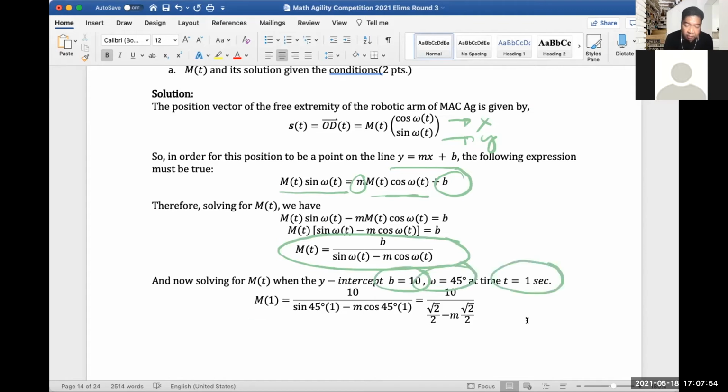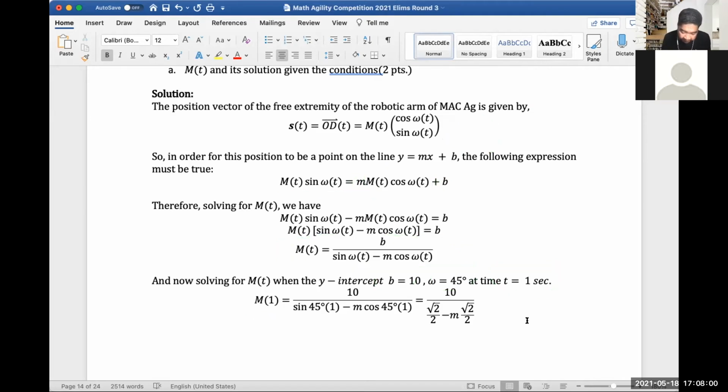So at 1 second, simply substitute that. We'll get the value 10 over square root of 2 over 2 minus m times square root of 2 over 2. So this would be the final answer. m is still here because we don't have any value given for m. All right.